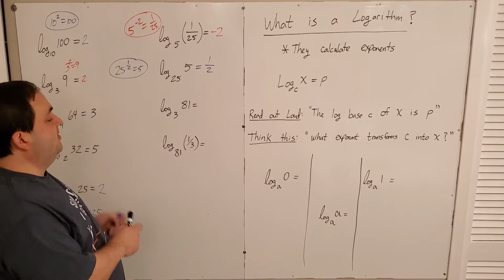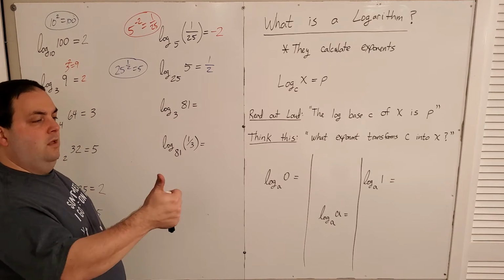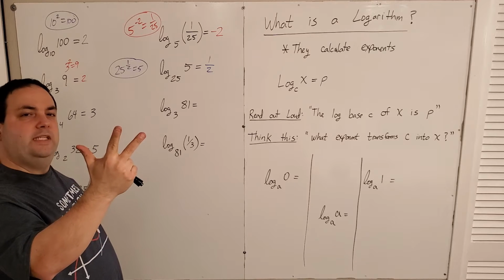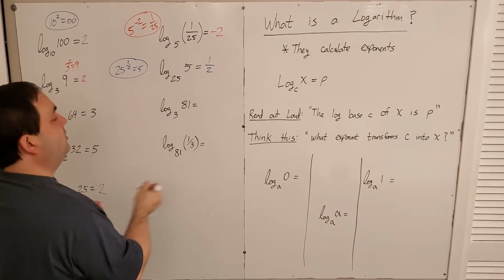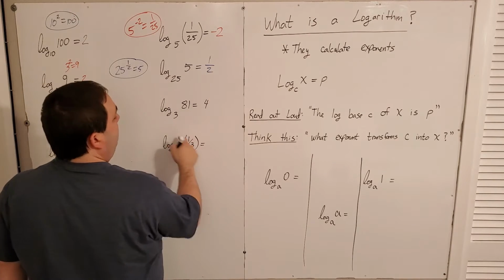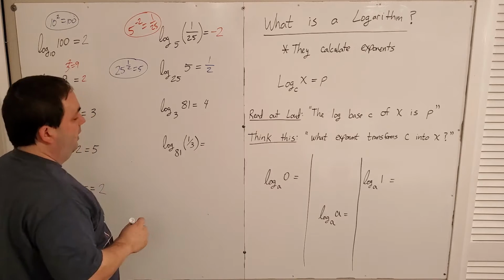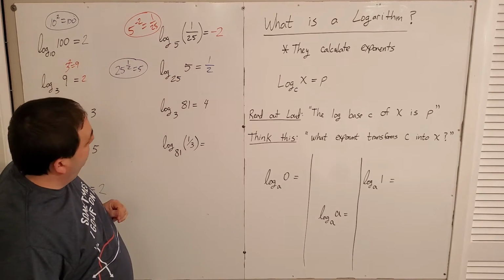Okay, well let's slap out these last two here. Log base 3 of 81. 3 times 3 is 9. Times 3 is 27. Times 3 again is 81. Oh, there we go. So it must be 4, because 3 to the 4th power is 81. Okay? Now in this next one, I'm going to use the little methods that I had up here.